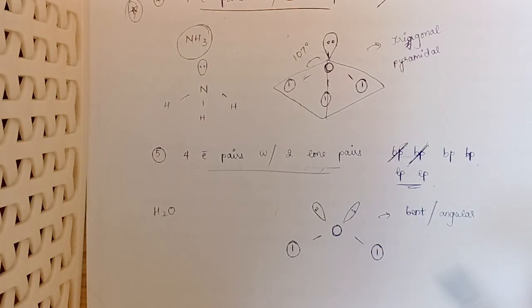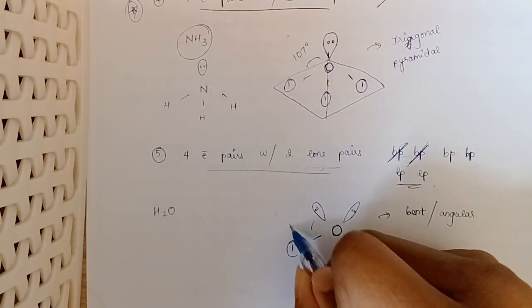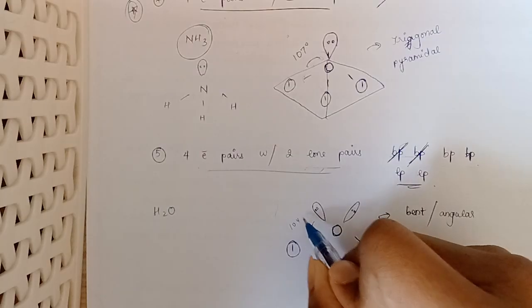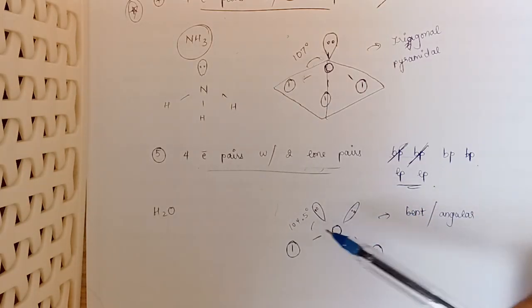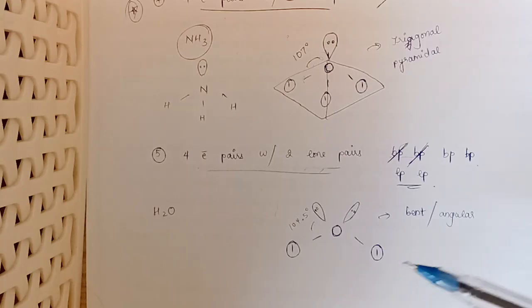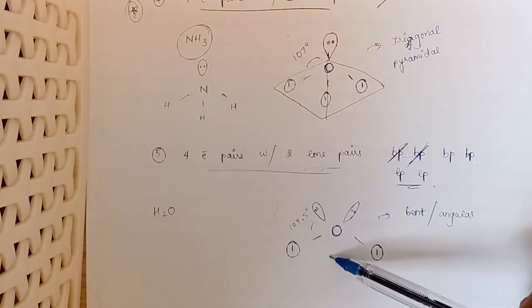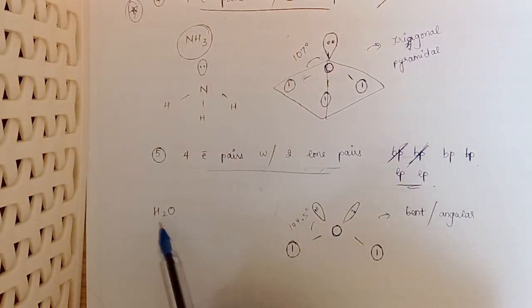And the angle between them becomes about 104.5 degrees. So this is important, 104.5 degrees, because the 2 lone pairs repel the bond pairs strongly, making the angle even smaller than the previous ones. Now how is H2O?